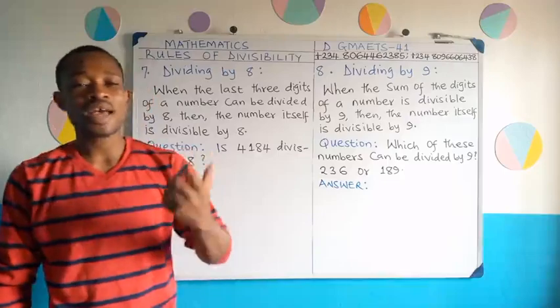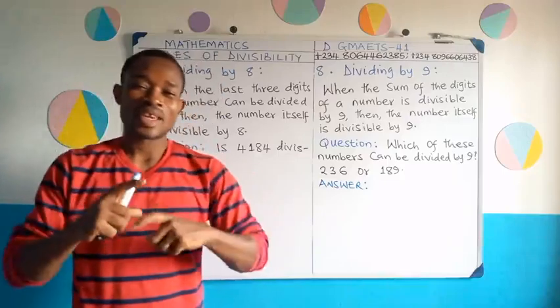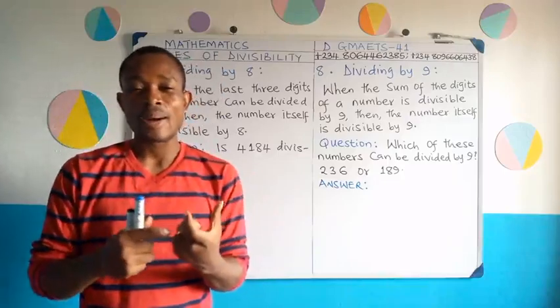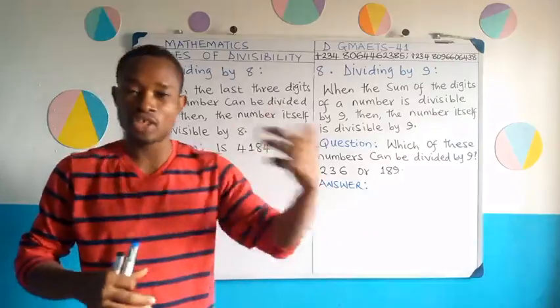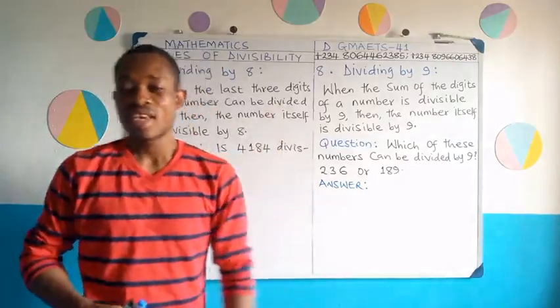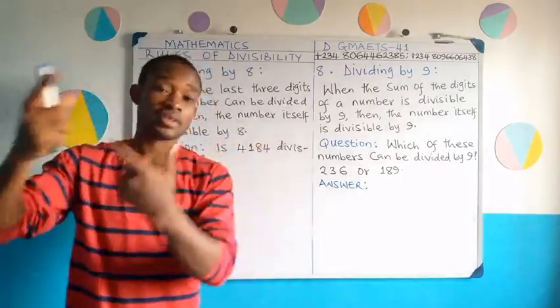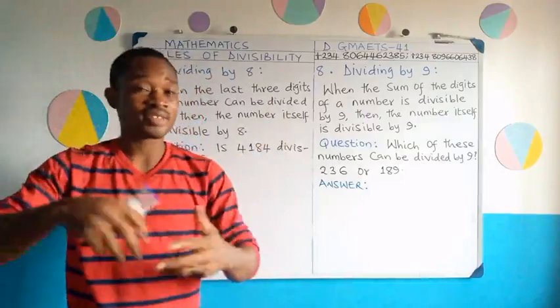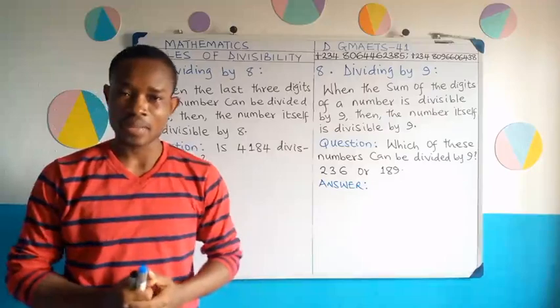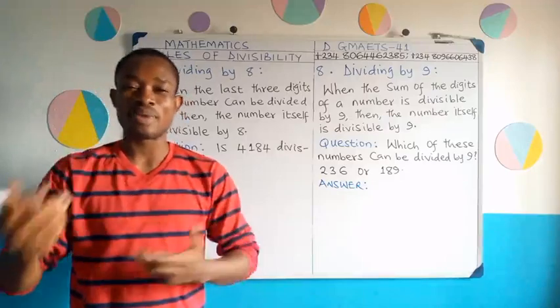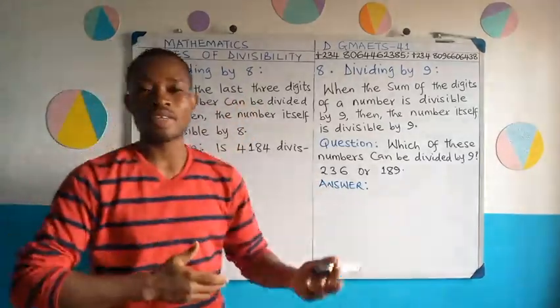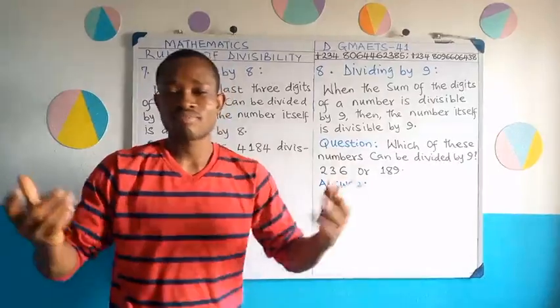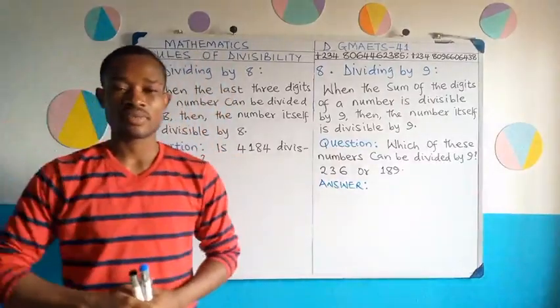Now when we are talking about the last 3 digits, it means that working with this rule, we should have a number that is ordinarily up to 3 digits or even more than 3 digits. That is to say, numbers in hundreds or more than hundreds, like in thousands and the rest, okay? If you have a 2-digit number, you cannot actually use this rule to find that out.